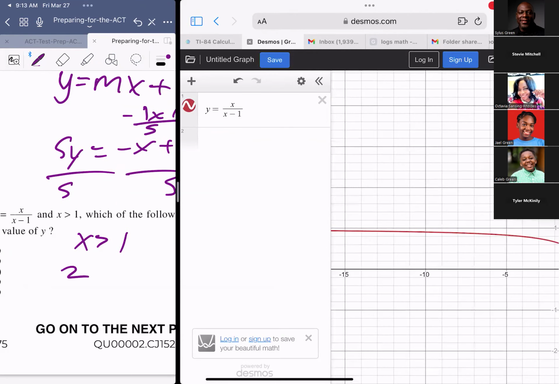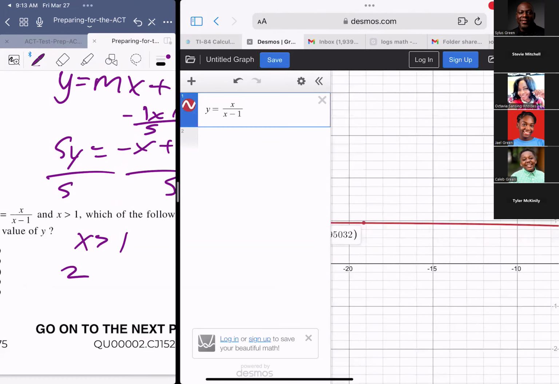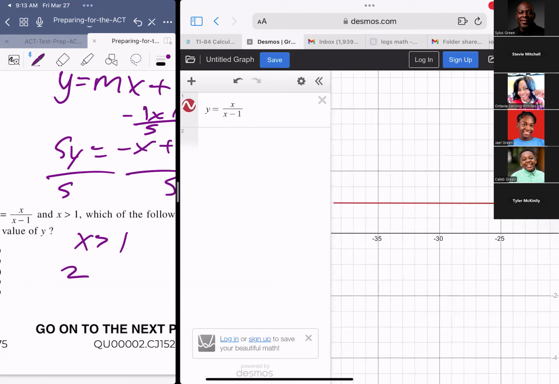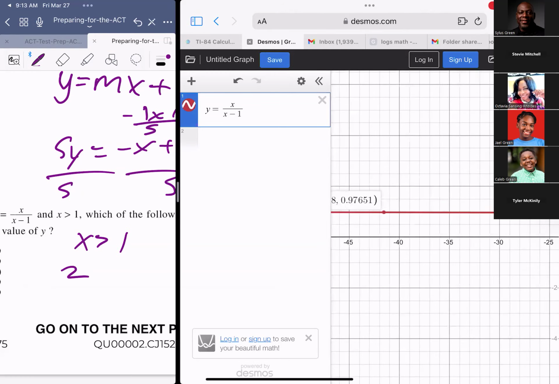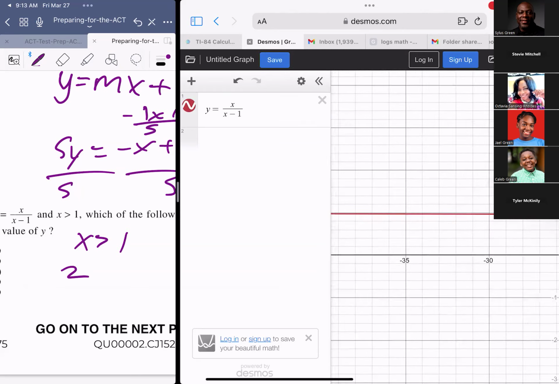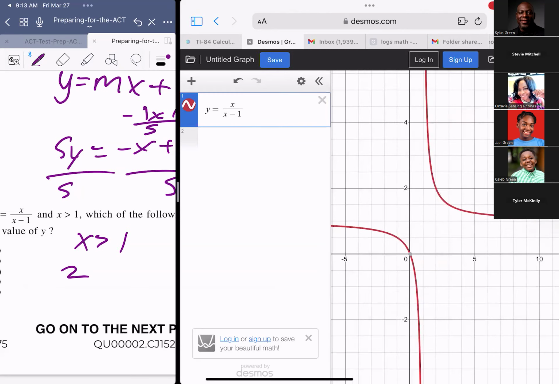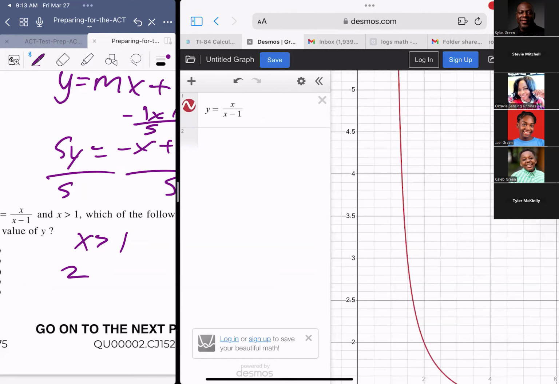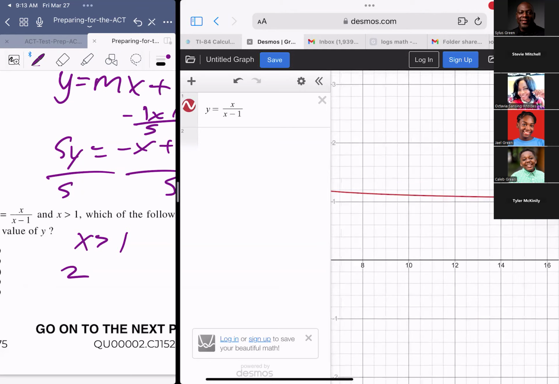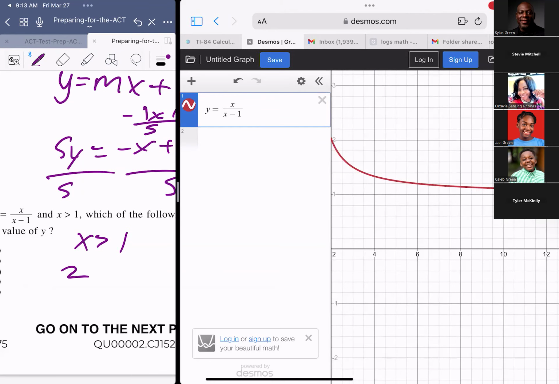So you can see the closer and closer you get to 1, it's never going to reach 1. What about the other side? Even though it looks like it reaches 1, you have to zoom in really close for Desmos. And the same thing here. And by the way, we're looking at the y-axis, not the x-axis.